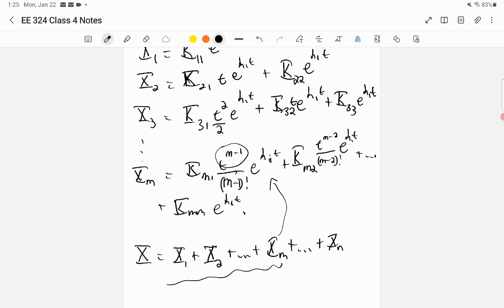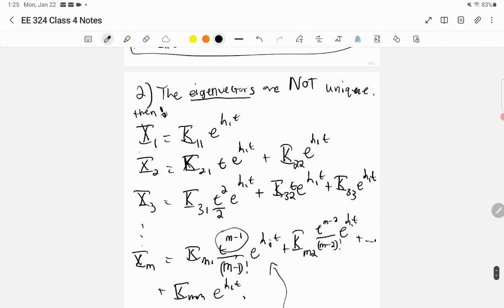So in that case, you would have 3 eigenvectors, but only 2 of them unique, so you would only end up having to go to power t here in that scenario, instead of going up to t squared, because the problem is really how many non-unique eigenvectors you have that determines this.